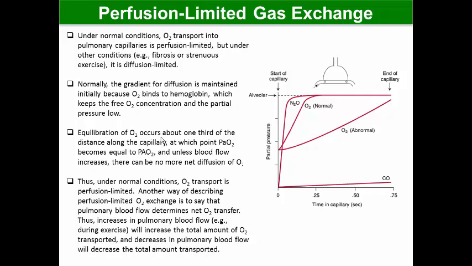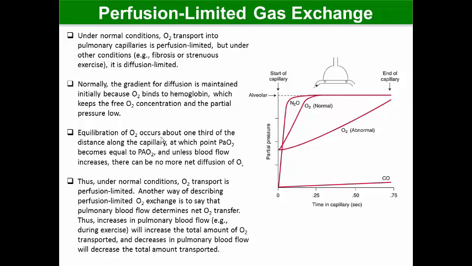And at this point, which is 1/3 of the length of the pulmonary capillaries, or at 0.25 seconds, the partial pressure of oxygen in the pulmonary blood is exactly the same as the partial pressure of oxygen in the alveolar air, so there is no more pressure gradient for oxygen. So there is no more movement of oxygen across the respiratory membrane.